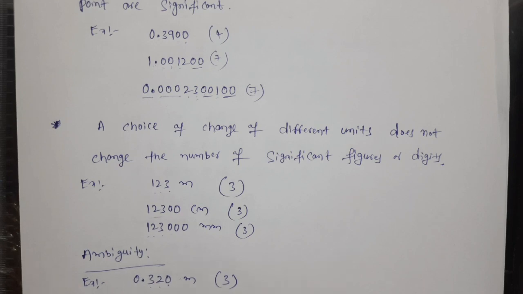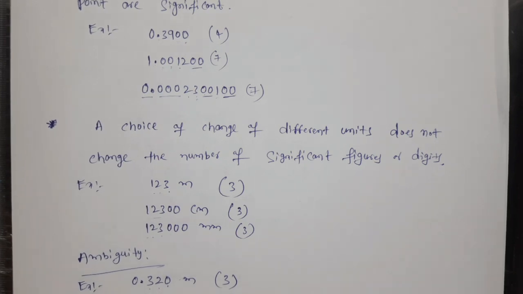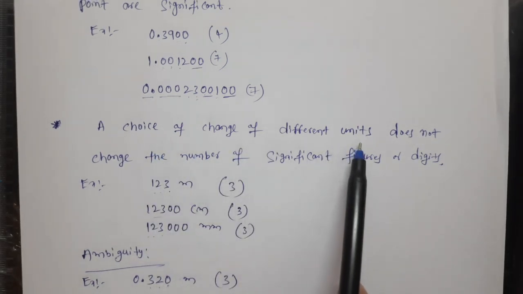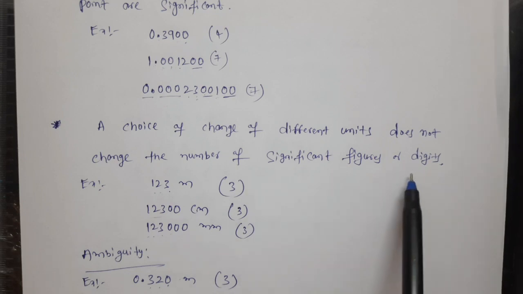Now let us write the same value in millimeters. So what do we get? 320 millimeters. So 3, 2, these two are significant, but the trailing zero without a decimal point is not significant. So total how many significant figures are there? 2. So in this case, what's happening is ambiguity. According to the rule, a change of different units does not change the number of significant figures or digits.